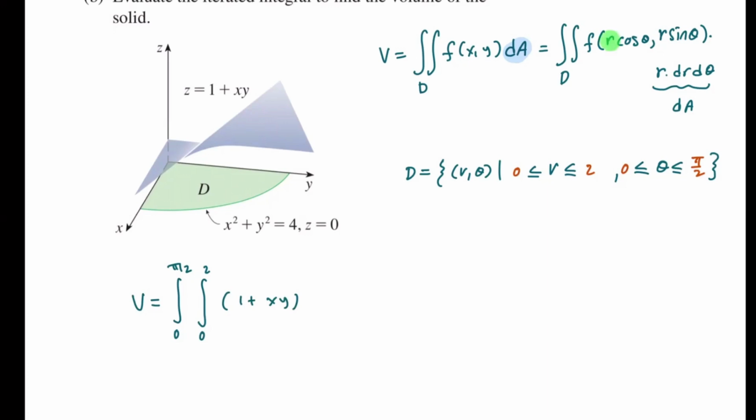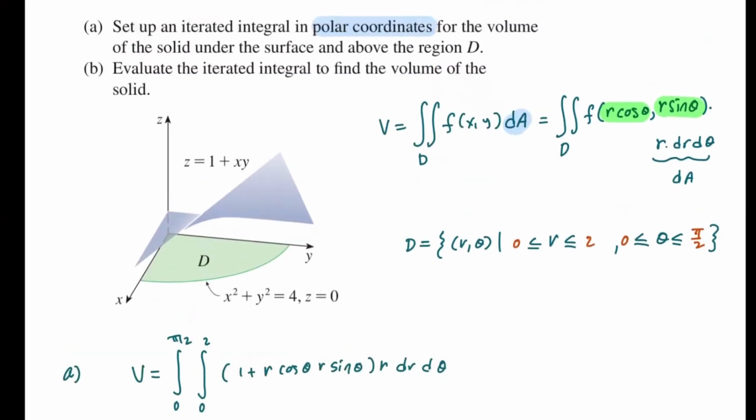We know x is r cosine theta, y is r sine theta, so I'm going to replace them right here in polar form. So you have 1 plus r cosine theta, r sine theta. And then dA we said is r dr d theta. Pretty much that is the answer to part A. Set up an iterated integral, and that's what we have done in polar coordinates.